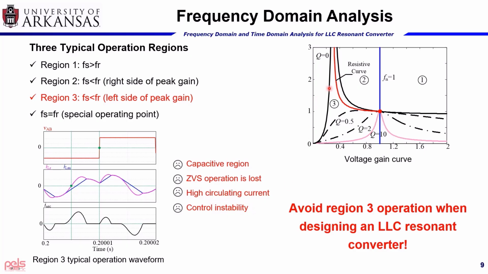If we look at the left side and the right side, the converter has different voltage gain performance. So in real applications, we want to avoid region 3 operation, and we need to consider this when designing an LLC resonant converter.